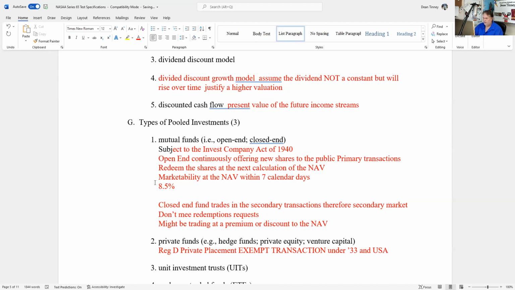Now, whether you want to call it federally covered or not registered, the point is I'm not going to have to qualify it. I'm not going to have to coordinate in a private placement. So these are all sold that way. And that's important because that means they're sold only to accredited investors. So if you're not an accredited investor, then no hedge fund, no private equity fund, no venture capital fund for you.